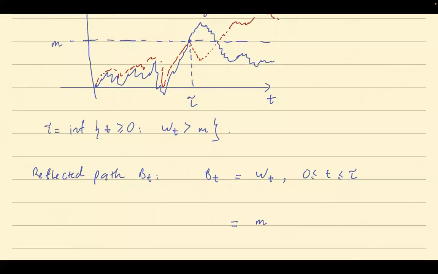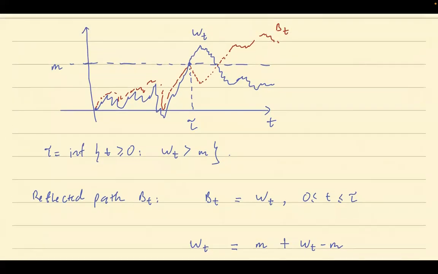So you start at level M. If you want to get back the Brownian motion, then you add, so this is WT. This is a truism, but what it means is that you start at level M and you add the difference between Brownian motion and M, then you get Brownian motion. But of course, we are not adding the difference, we are reflecting.